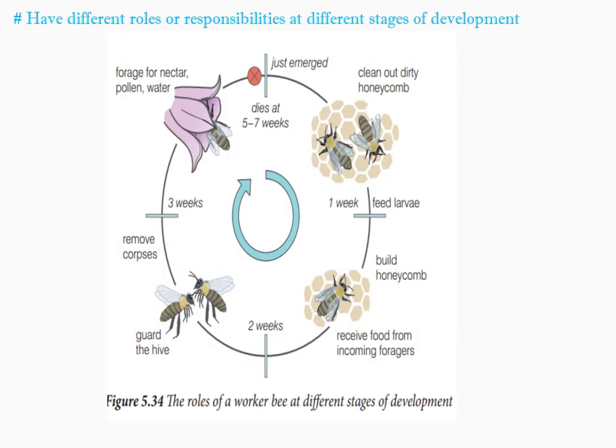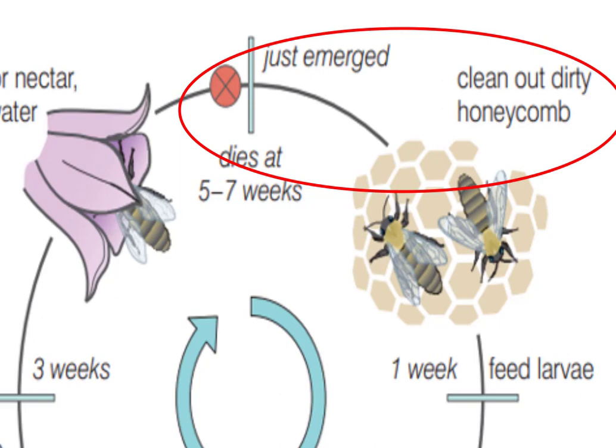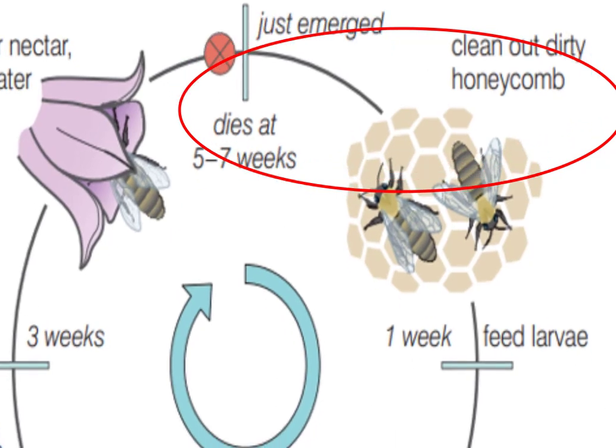Worker bees have different roles or responsibilities at different stages of development. After emergence or hatching from the honeycomb, in the first days of the first week, worker bees become responsible for cleaning out dirty honeycombs.